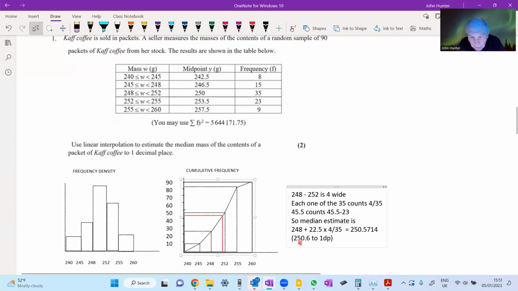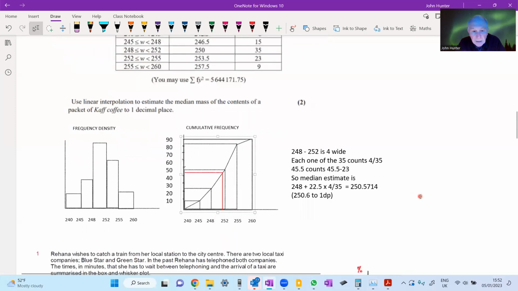I've concluded it's 250.6. Can't really tell from the diagram, but that's how we've got that number. Looking at it again, it might be a bit higher, but that is basically what we're estimating the median to be.